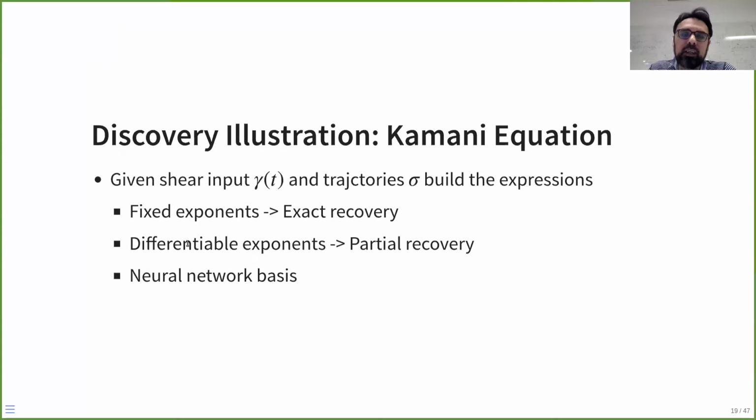Then we will let the exponents themselves be differentiable. In that case, we will see that we get partial recovery, whereas for the fixed exponents, we get exact recovery. And then we can also replace some of the terms with neural networks. In that case, you do get some equation, but identifiability is open to question.